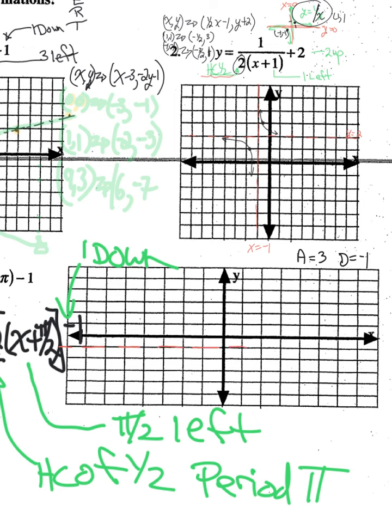My central axis is right here at -1. And from here, I'm going to go up 1, 2, 3. Here's my maximum value of 2. From my central axis, I would go down 1, 2, 3. Here's my minimum value of -4. Okay, so my function is going to cycle in between 2 and -4.